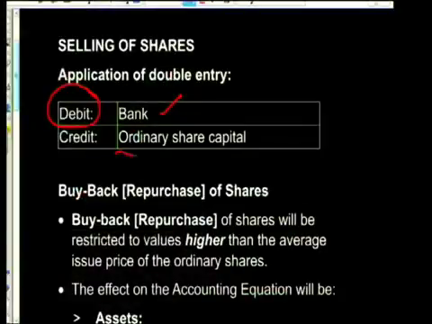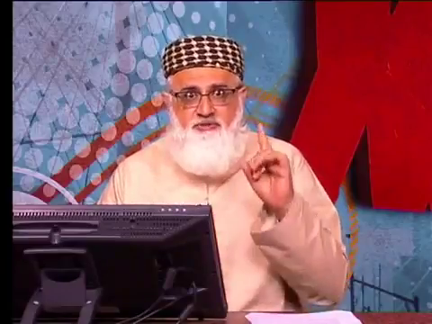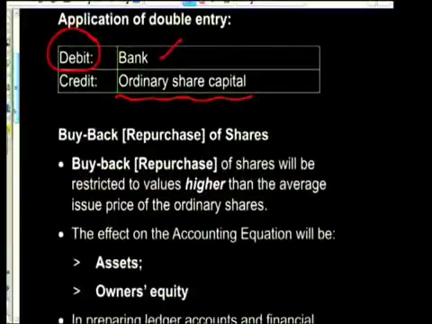Asset increasing in value, therefore debited. And a credit to my ordinary share capital. Equity account, increasing in value, therefore credited. So the entire amount of the issue price is debited to the bank account and credited to my ordinary share capital. Now let's do the buyback.